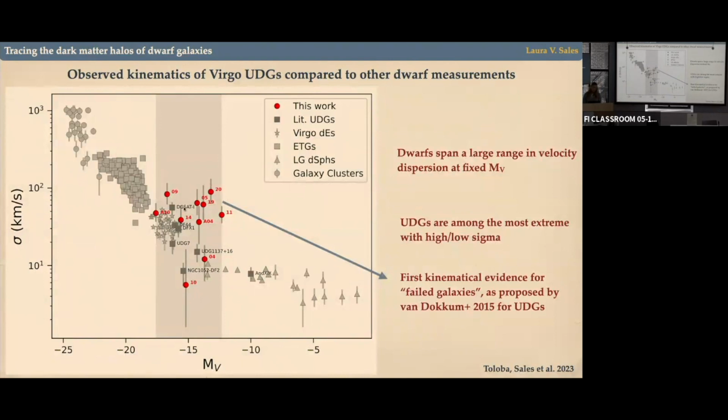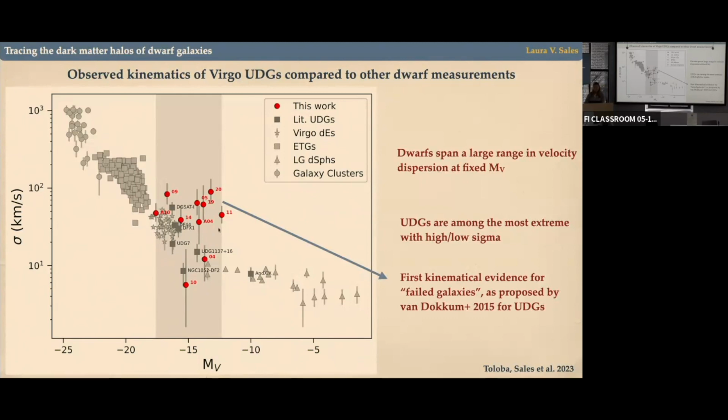But now the question is, what's going on with these guys? These are UDGs that are rotating too fast given their stellar mass, and it is, if you want, the first kinematical confirmation of a scenario like the one first proposed by the van Dokkum team, saying these could be failed galaxies, galaxies living in a dark matter halo of 10 to the 12 solar masses, but that formed only a bunch of stars and stopped.